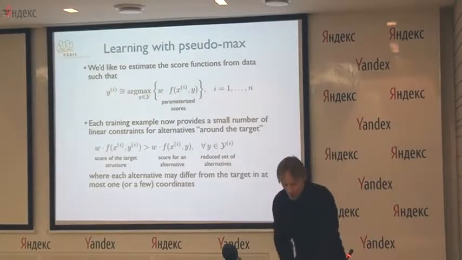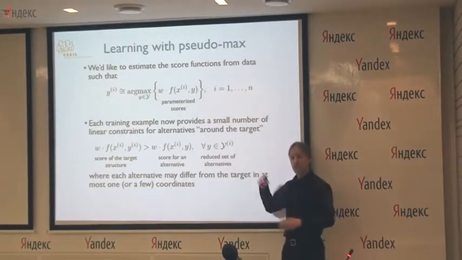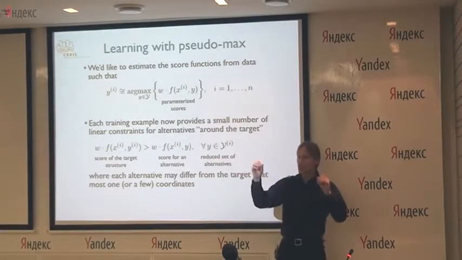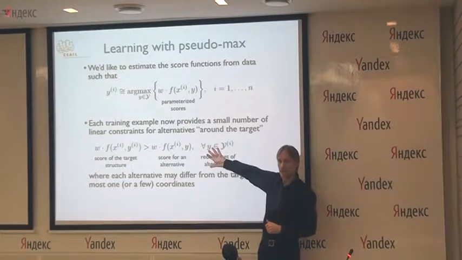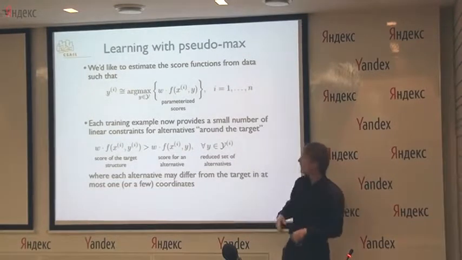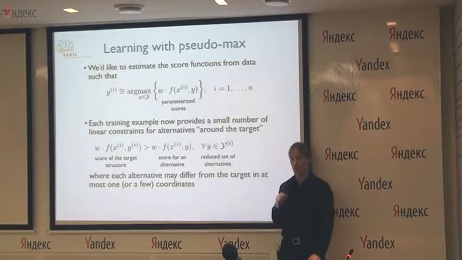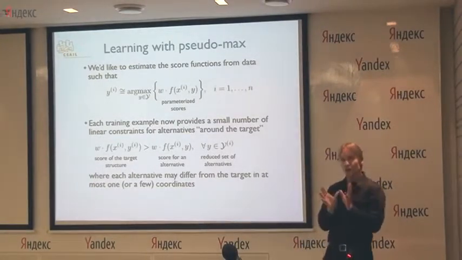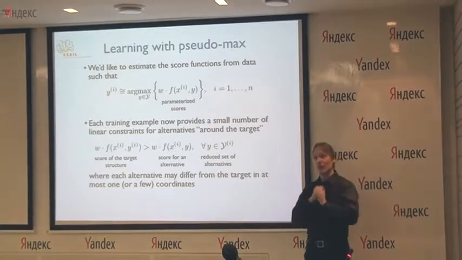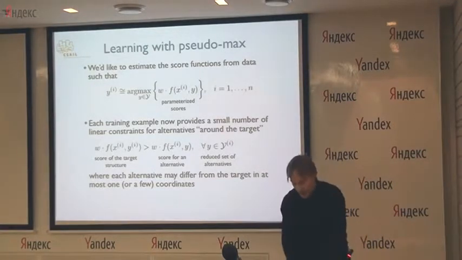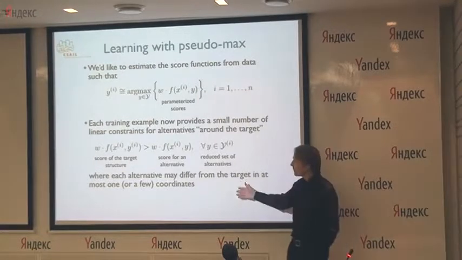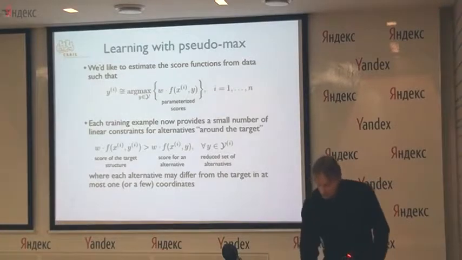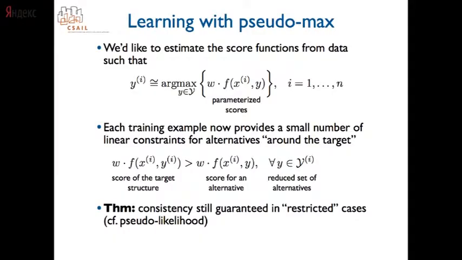Well, now we are enforcing a smaller set of constraints. That means that we have a larger set of parameters that satisfy these constraints, and only some in that set satisfy the whole set of constraints that we started with. So the question is, can we somehow shrink this larger set back to hopefully a point that perfectly reconstructs the training examples? And the answer is that in some cases, yes, we can.